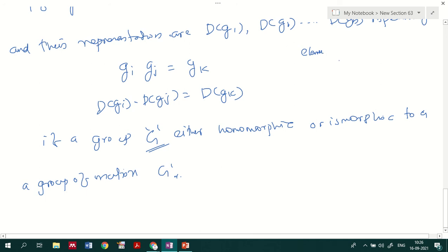So that is what we call a representation, where G dash is a collection of such non-singular matrices.